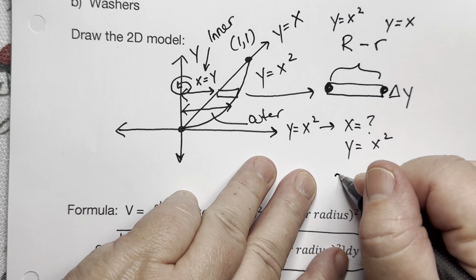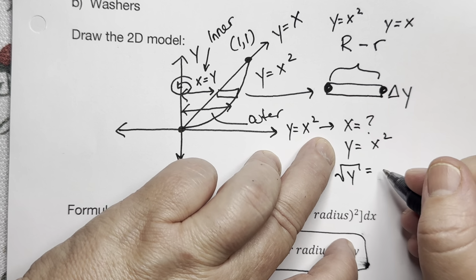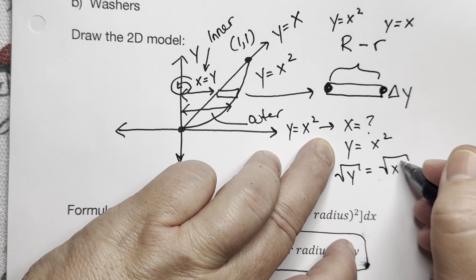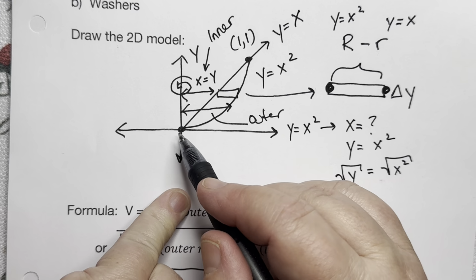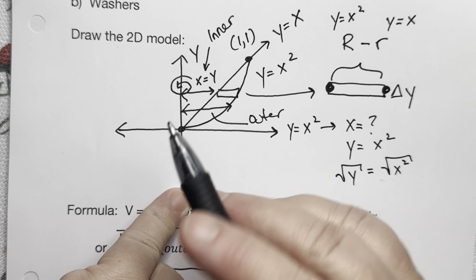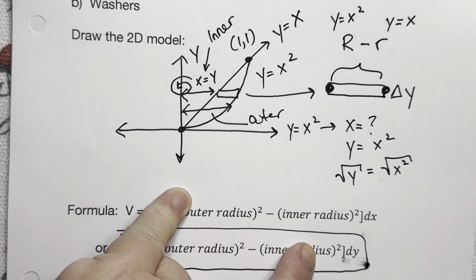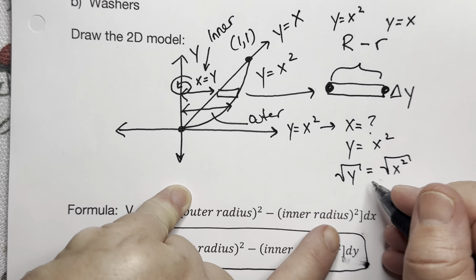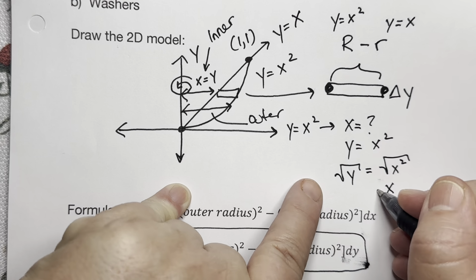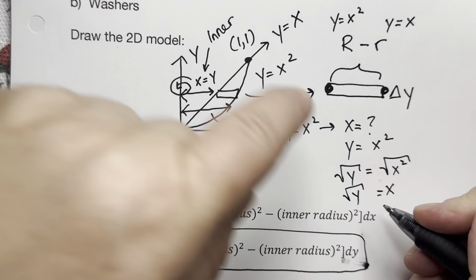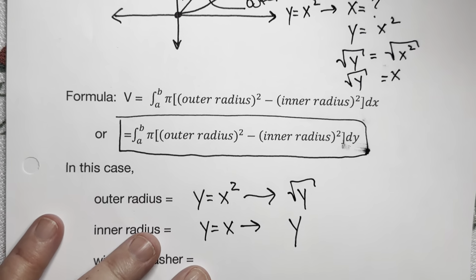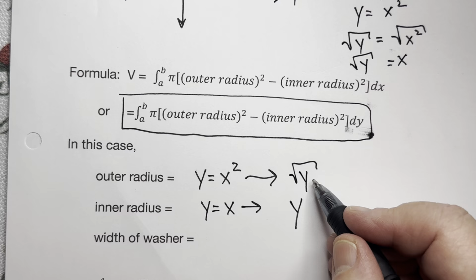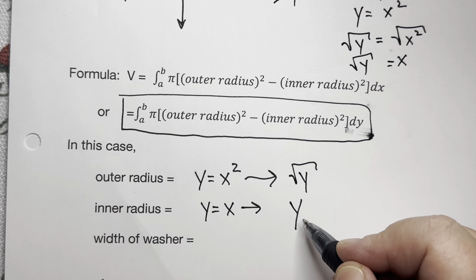Take the square root. Now you should ask me, wait a minute, are we allowed to take the square root? What if y is negative? Let's check. Is y ever negative here? Thank goodness, so we don't have to worry about this. So we actually have x equals radical y. Here we're going to use the square root of y for our outer radius. So we've got our outer radius and our inner radius.